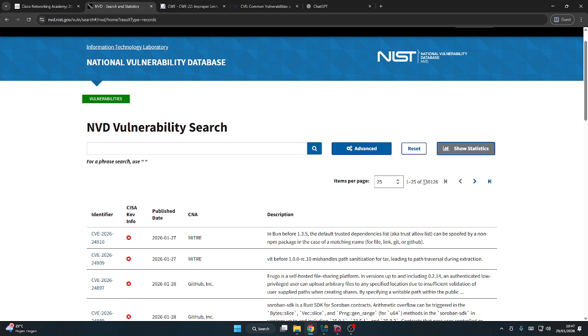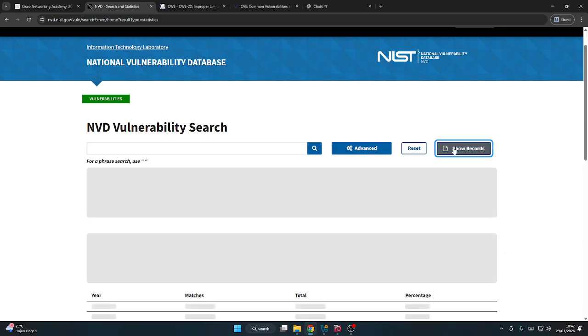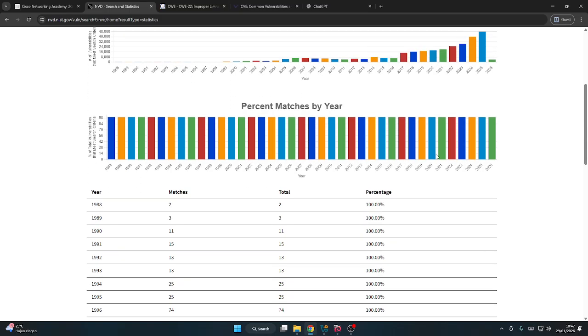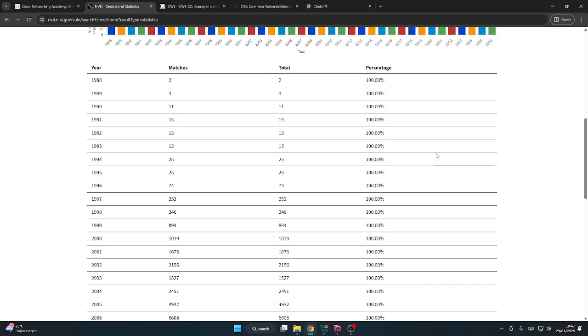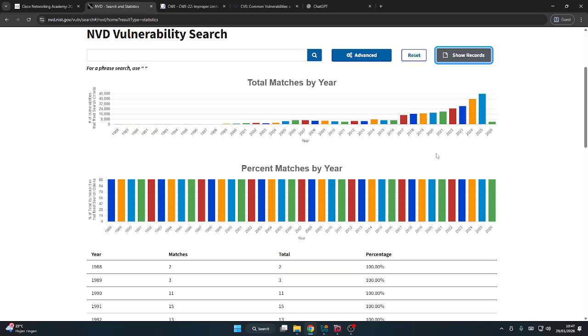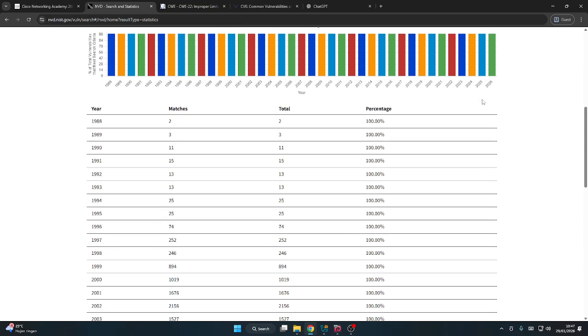It's here. Wow. So the vulnerabilities is 2025.